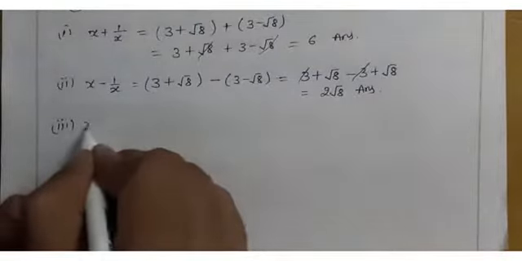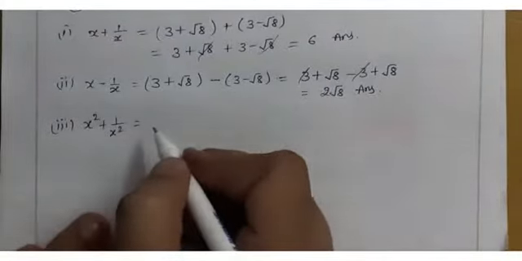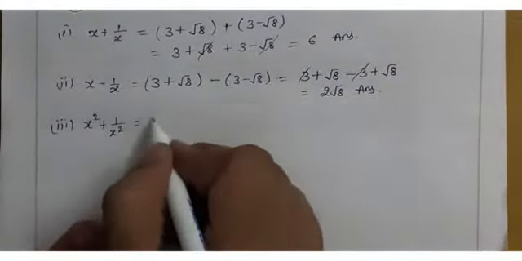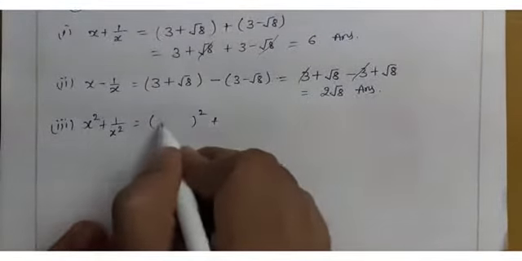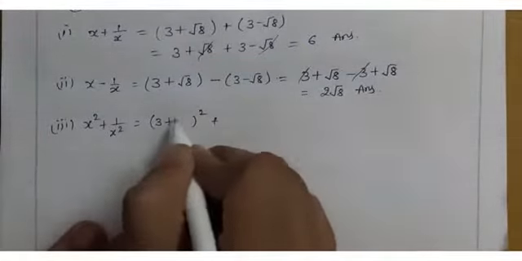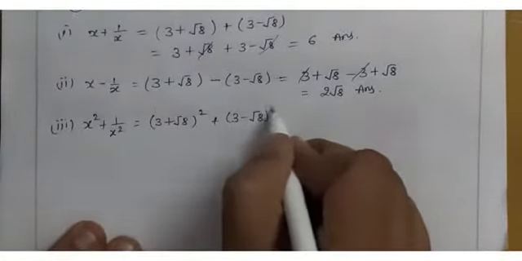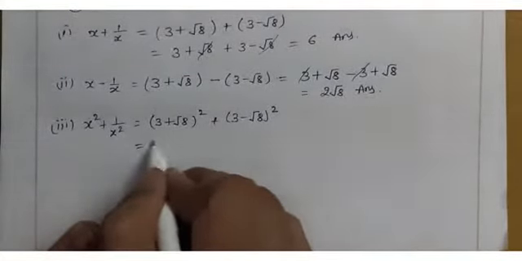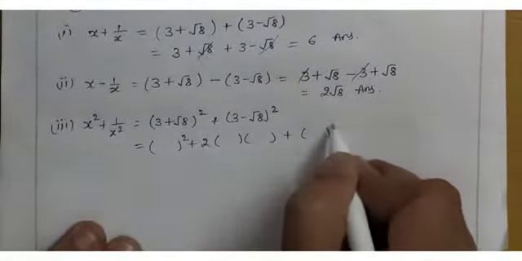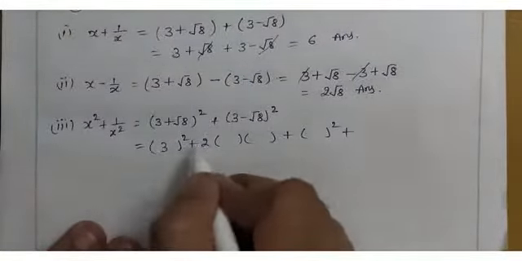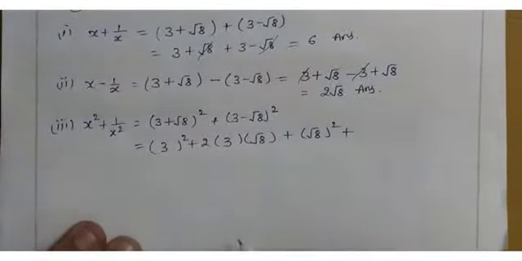Third part: x square plus 1 upon x square. Now what is x square? Just see, this is looking like this. x is 3 plus root 8 and 1 upon x is 3 minus root 8. One method is this. This is a plus b whole square, so a square plus 2ab plus b square, and put the values, where a is 3 and b is root 8.